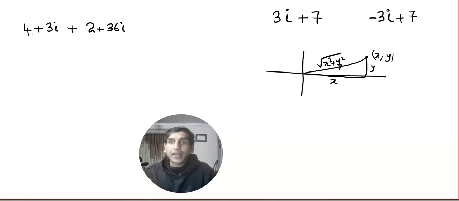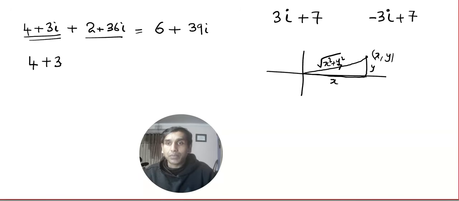Suppose you want to add two complex numbers. It's very easy. Add the real parts, plus add the imaginary parts. Suppose you want to multiply two complex numbers, 4 plus 3i multiplied by 1 plus 2i.